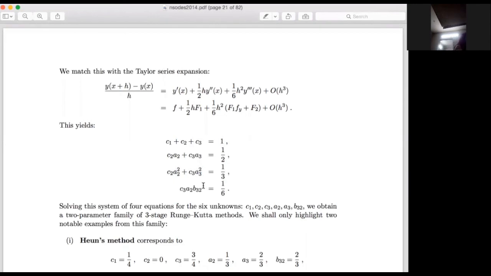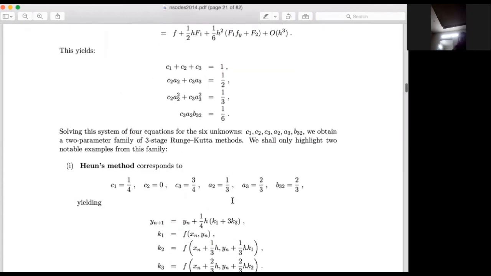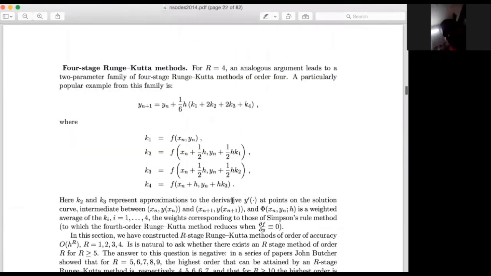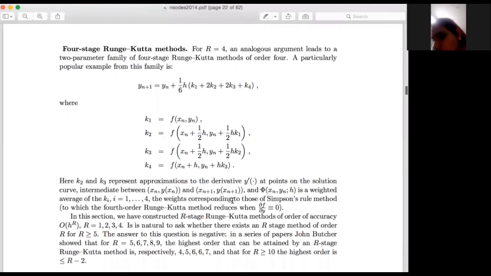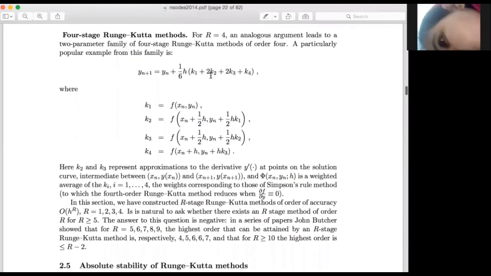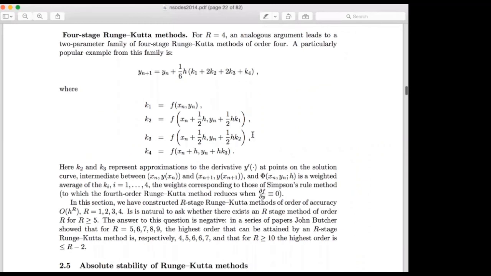If you go to 4th order, RK4, and if you go to higher order RK methods, then it is very complicated to derive. So this is RK4: k1 plus 2 k2 plus 2 k3 plus k4. Am I right? So we can find that also.